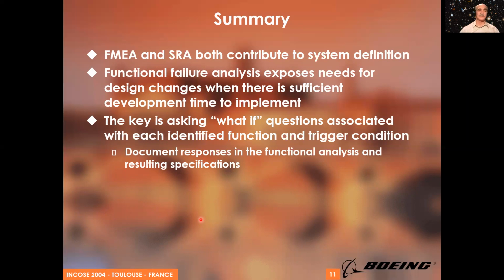What do we want to do under certain off-nominal conditions? Because it may be that some of those functional failures are going to drive design changes because of specific requirements that we need to add. This gets back to what I was talking about in the completeness presentations of validating the responses with the stakeholders.